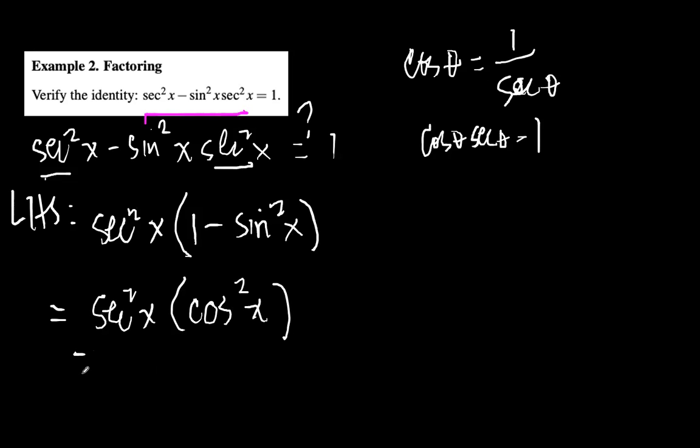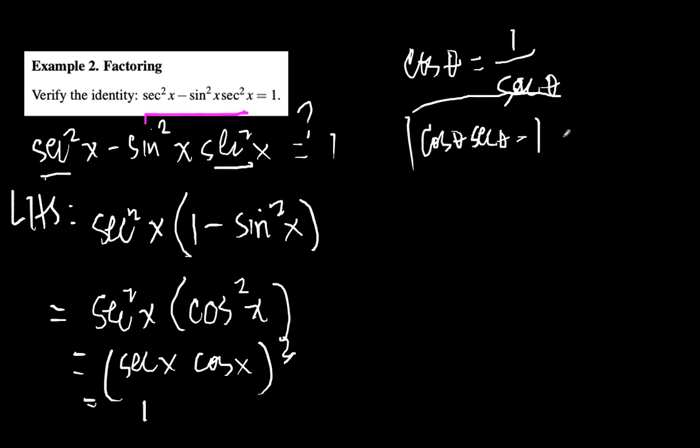So therefore, we could say that secant x times cosine x, squared, we can take out the square, right? And this is just equal to 1 based on this fundamental identity. So 1 square is just equal to 1, therefore 1. So we have shown that 1 is equal to 1. So therefore, this is an identity. Okay? Did you understand that, guys?